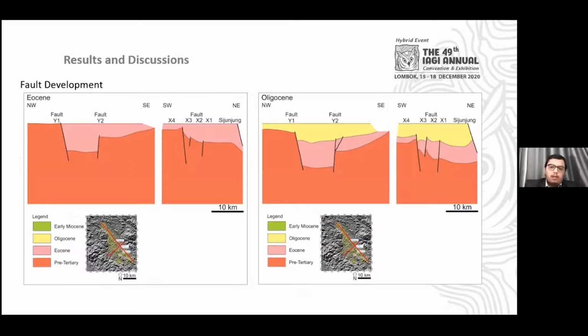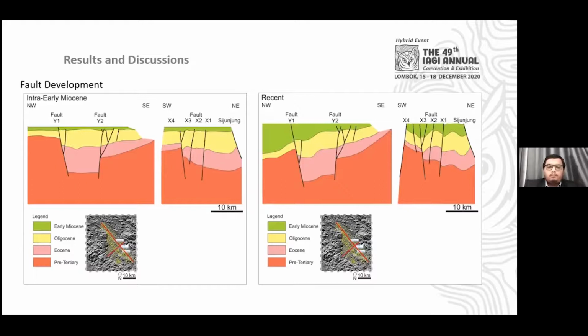But the interesting part of this reconstruction is that the Eocene unit was folded during the Oligocene sedimentation. And this folding provided us the evidence of a strike-slip component during the rifting of Ombilin Basin. So this is the evidence that we have to regard Ombilin Basin as an oblique rift phenomenon.